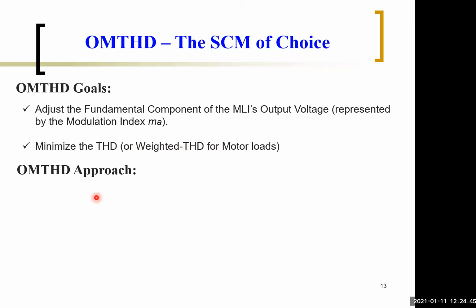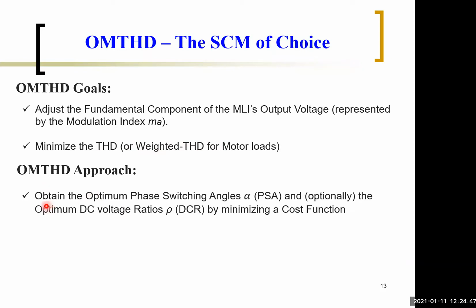So the OMTHD approach is as follows. Obtain optimum phase switching angles alpha. We're going to see what that means. And optionally obtain optimum DC voltage ratios rho by minimizing a cost function, which has a general form of a bi-objective problem. So you can see this is the THD expression with its design variables alpha and rho.